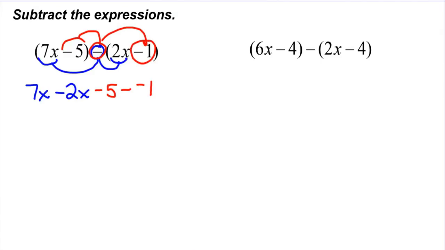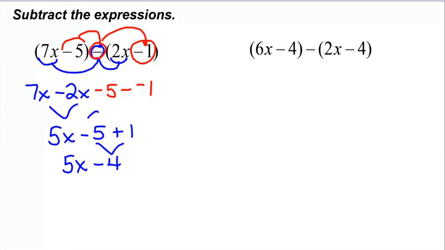That sign in front tells me how I'm going to deal with those numbers. Now again, I've got double signs right here. So if I simplify these, I've got 5x minus 5 plus 1. And that negative 5 plus 1 is a negative 4. So 5x minus 4. Always pay attention to that sign in front.